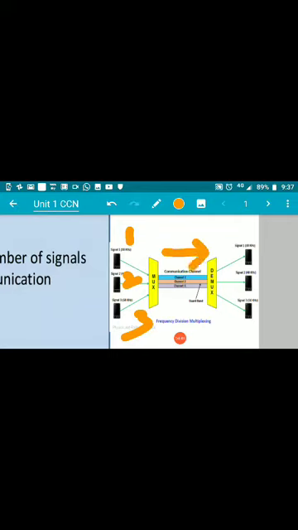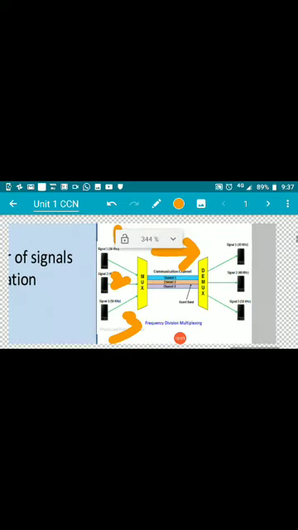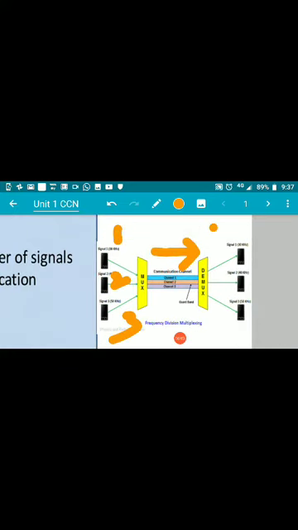So how does modulation help multiplexing? If I do not use different carrier frequencies for signal 1, signal 2 and signal 3, where C1, C2, C3 are carrier signal 1, carrier signal 2, carrier signal 3, and I mix all these 3 signals together and try to send them through the communication channel, they will interfere.